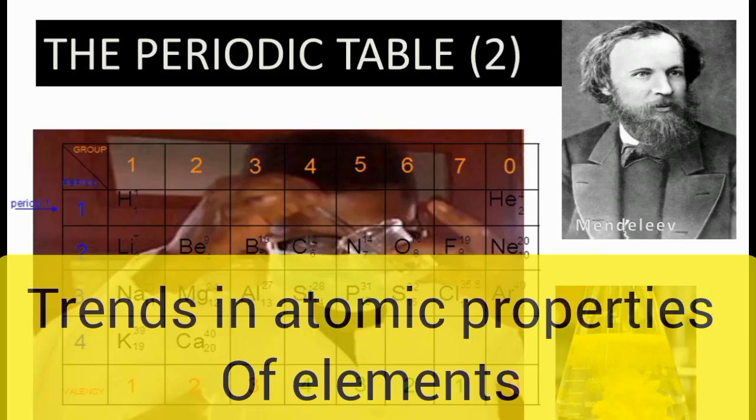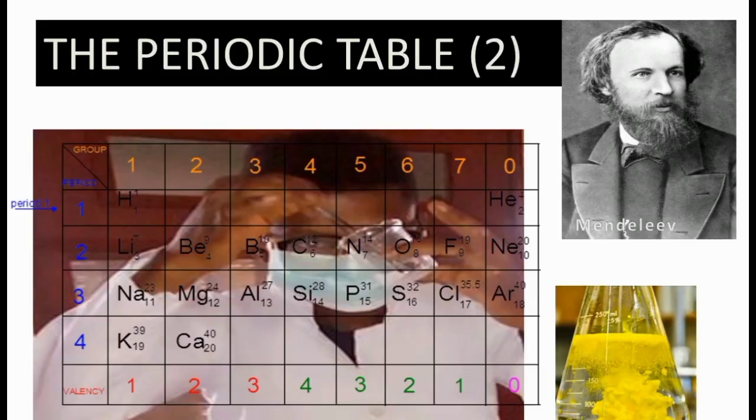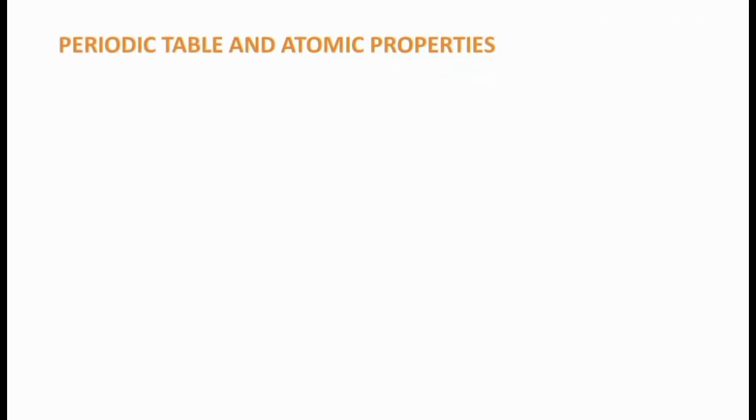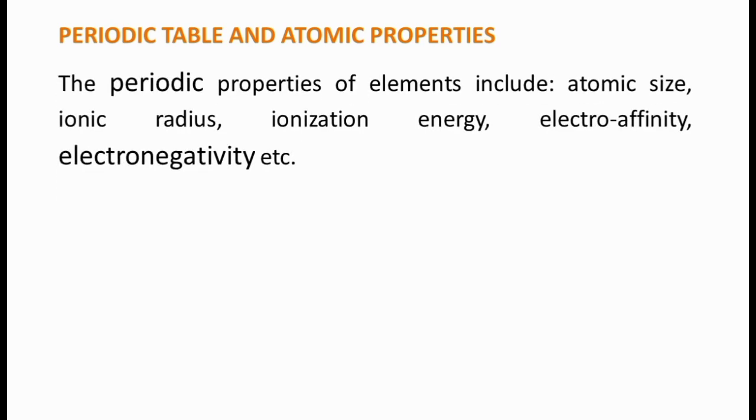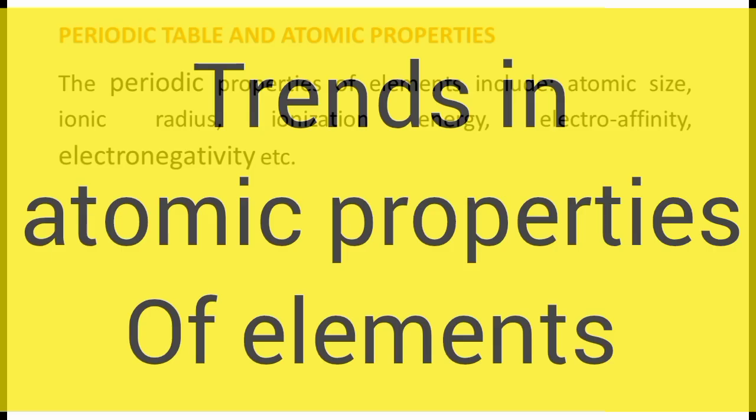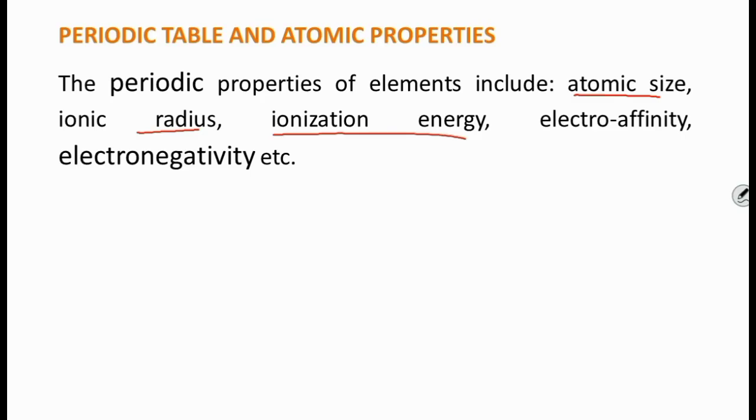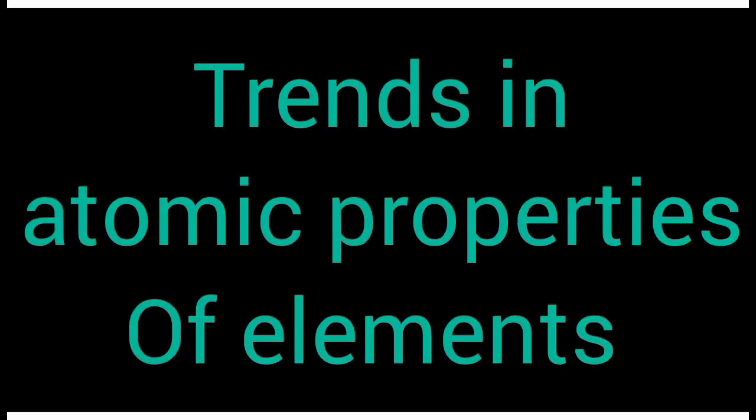We're going to talk about the atomic properties. We'll talk about atomic size, atomic radius, ionization energy, electron affinity, and also electronegativity.